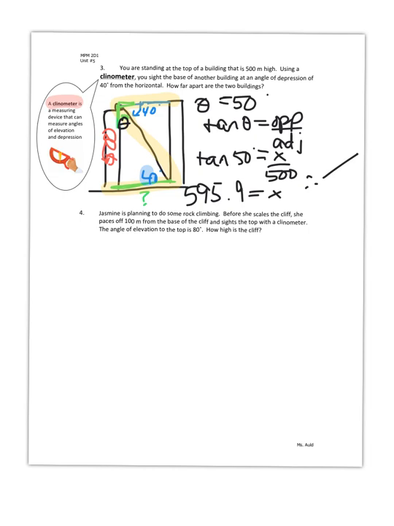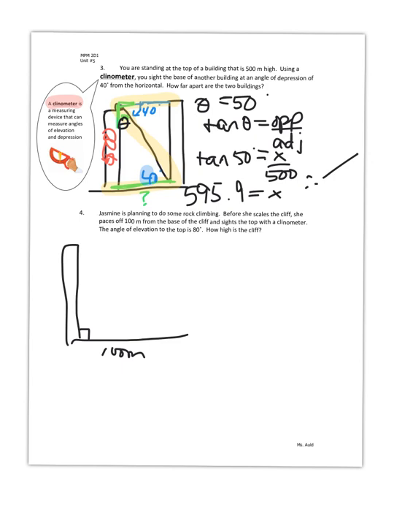Okay, last one. Let's check out Jasmine here, who is planning to do some rock climbing. Before she scales the cliff, she paces off 100 meters. So here's the cliff that she's going to climb. It's very steep, and she's going to pace off 100 meters from the base of the cliff. So there's our 90-degree angle there.